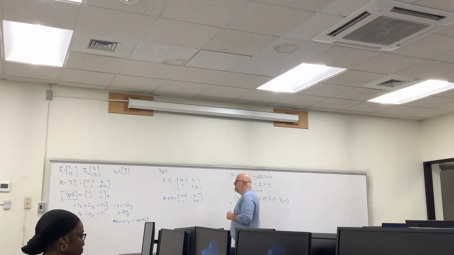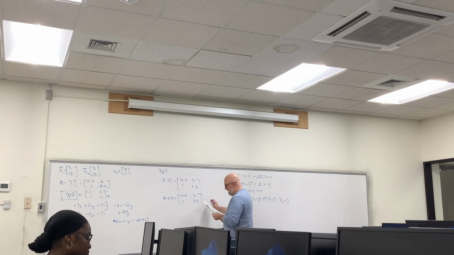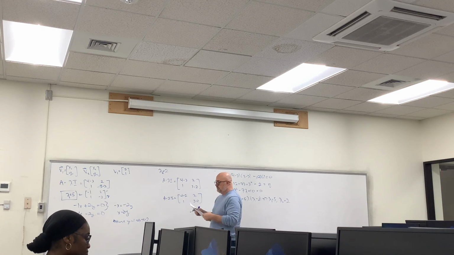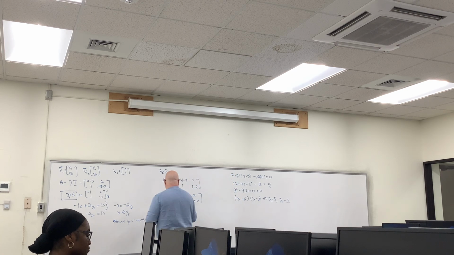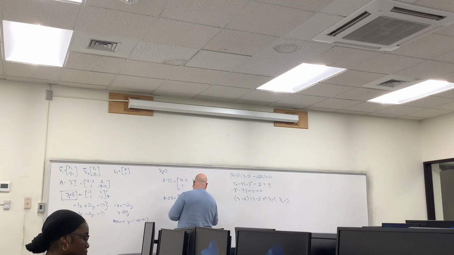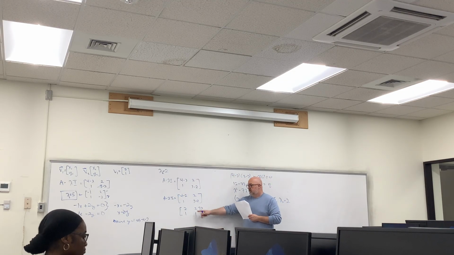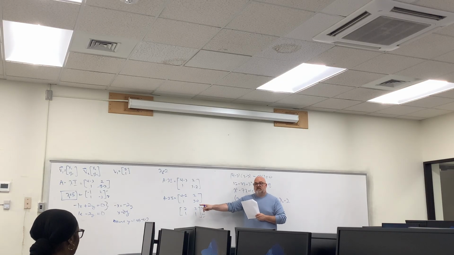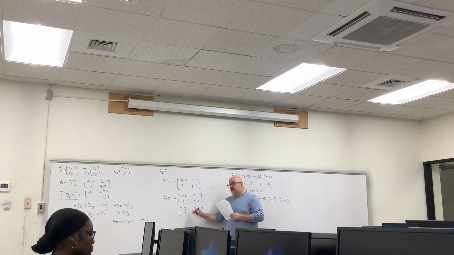So we just insert our lambda in there. And remember, we still need to solve all this. So if we look here, what we have is 2, 2, 1, 1. Remember, x and y. These two vectors are not only dependent, they're identical.